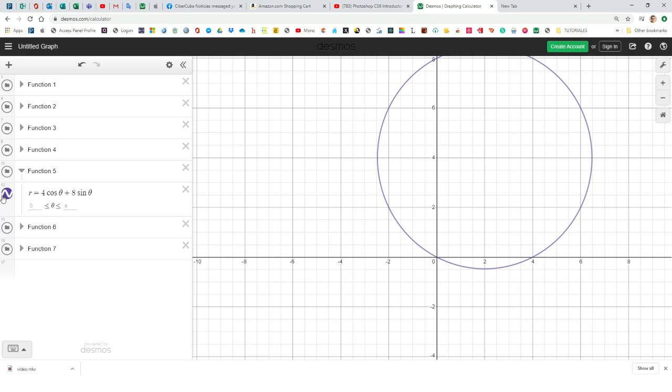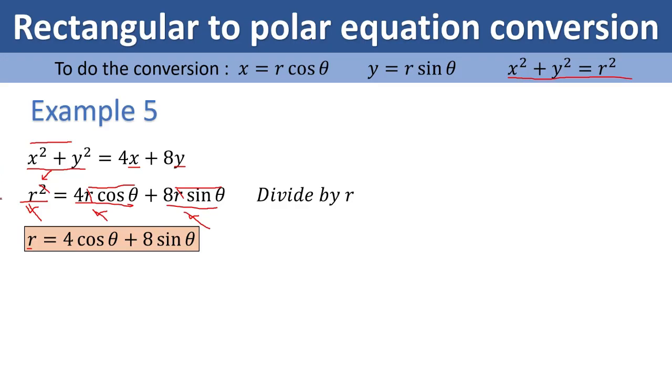This is the equation of the circle with center (2, 4). And the radius, we need to find the radius. You can solve this, change this general expression to standard form, and you find the radius. But the topic today is the conversion from rectangular to polar.